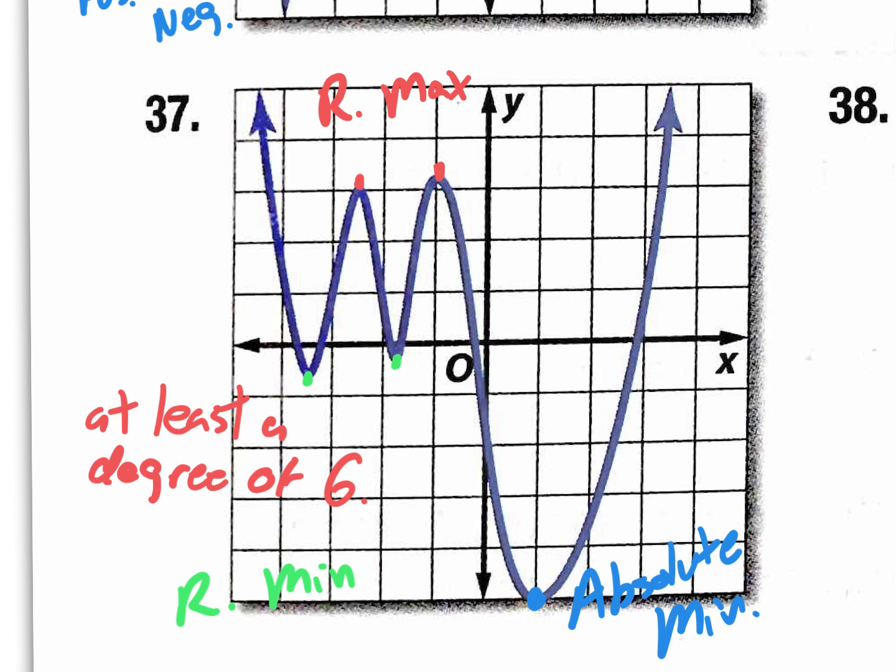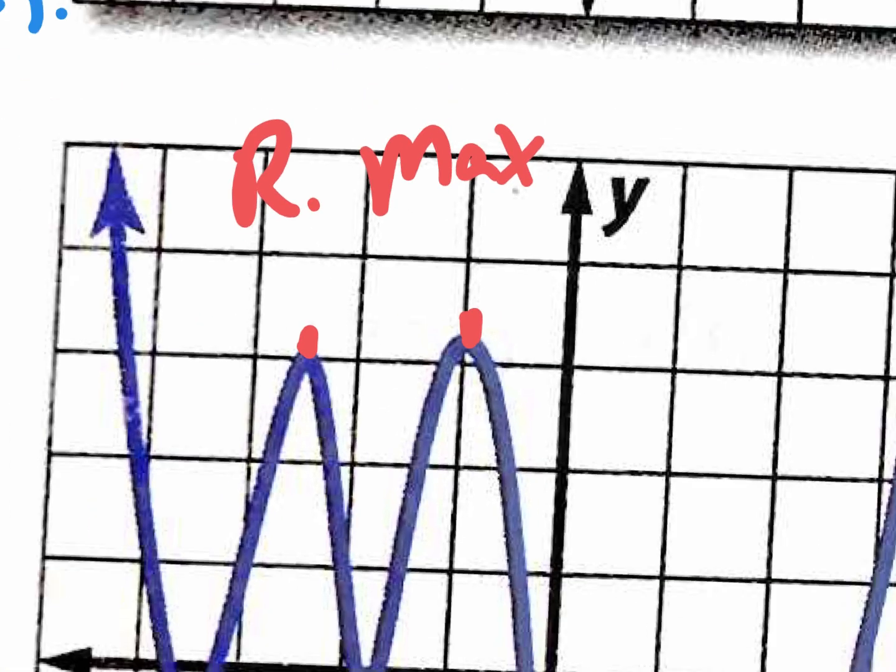You see, a relative means that, first of all, what's the max value? We can't say because it goes up forever. It's infinity, right? But you could say that this is a relative max because if you just zoom in on this part, that is the max for this part. This one over here is the max for that part. But when you look at the whole thing, does it have a max?